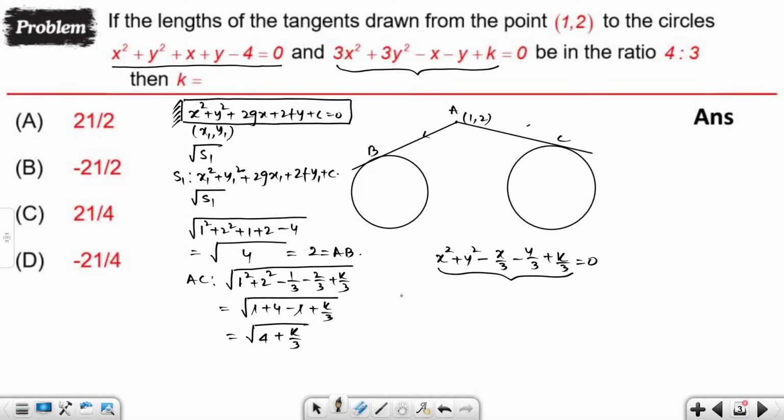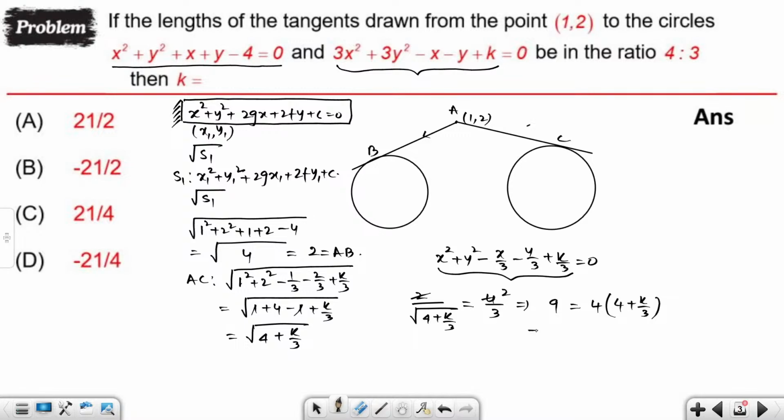Now by the problem, they have said that 2 over root of 4 plus k by 3 equals the given ratio 4 over 3, right? So squaring both sides, it gives us 9 into 4 equals 16 into (4 plus k over 3).